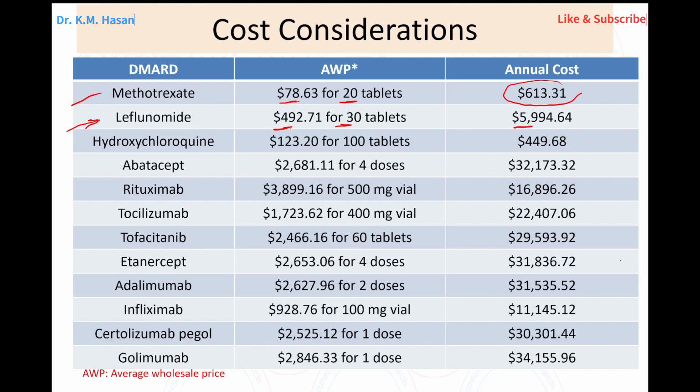If I scroll down a little bit, look at infliximab, adalimumab, etanercept, rituximab, abatacept: you can see thousands of dollars per year, maybe ranging from $11,000 to $34,000 per year. It's very expensive medication, so it's very important to be covered by the insurance company.